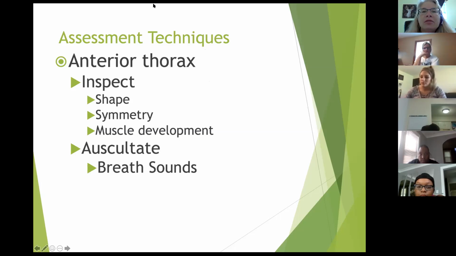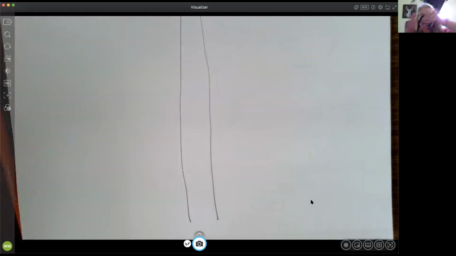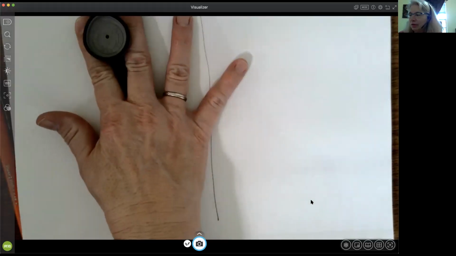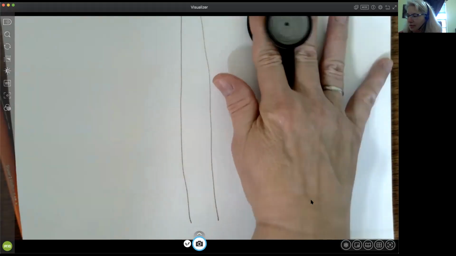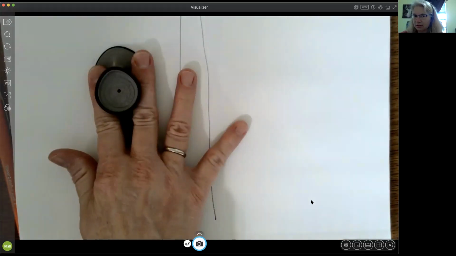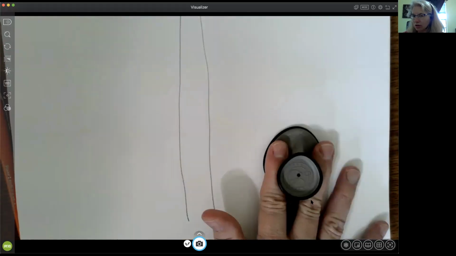When you auscultate, we'll pretend once again that this is your spine. We'll start in the back. You're going to start on one side, go to the other side right across, come down, across, down, and across.